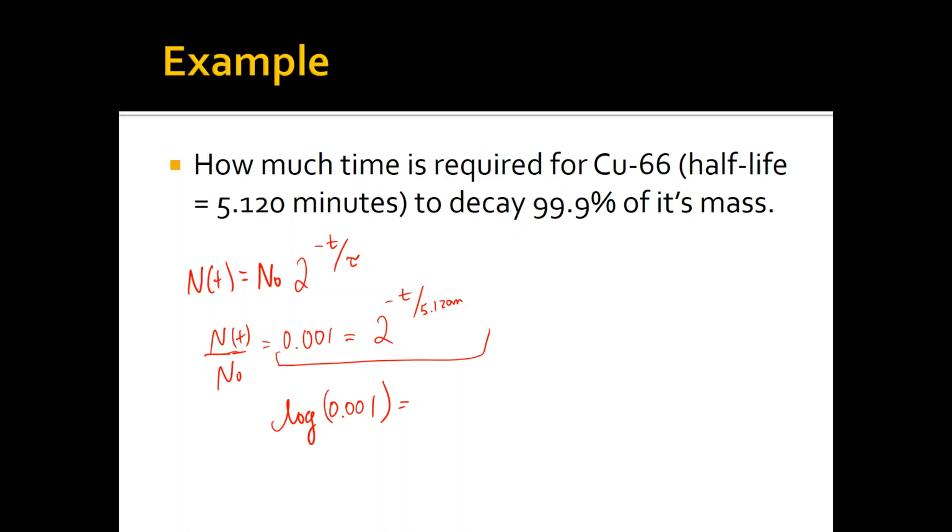That's right, huh? Because it's 0.999. So 0.01 would be 99%. 99.9% is 0.001. Its percent is 0.1 divided by 100.